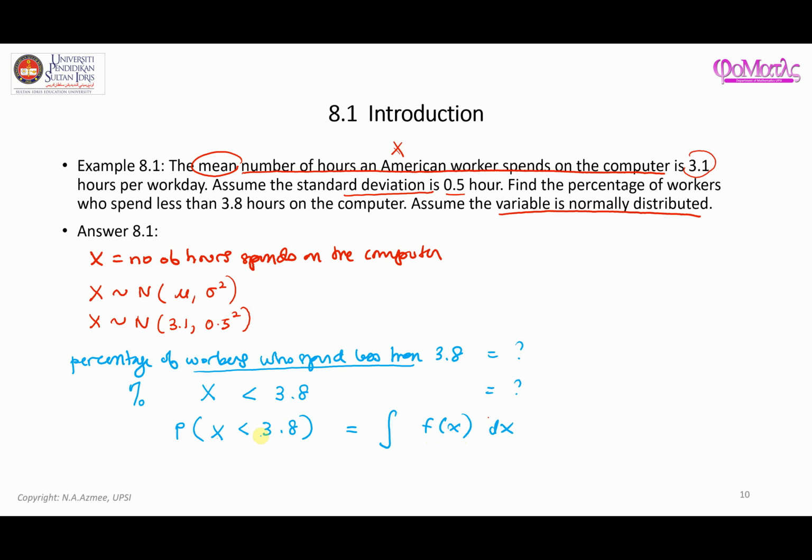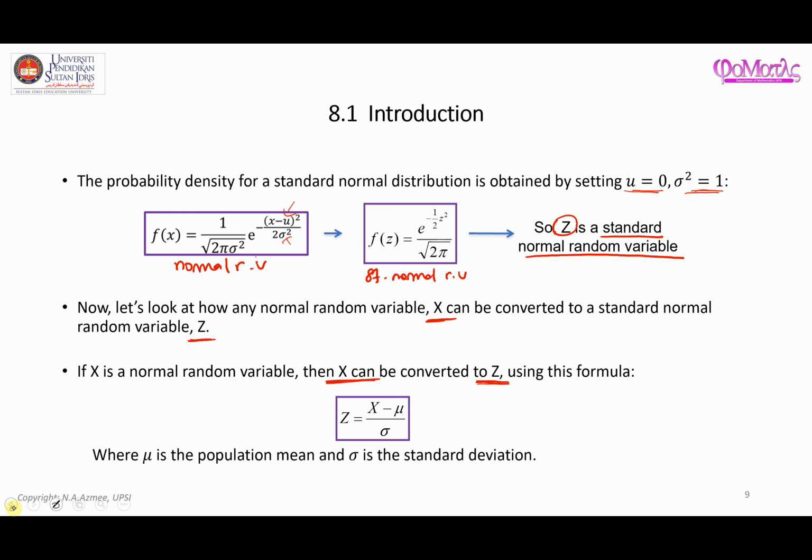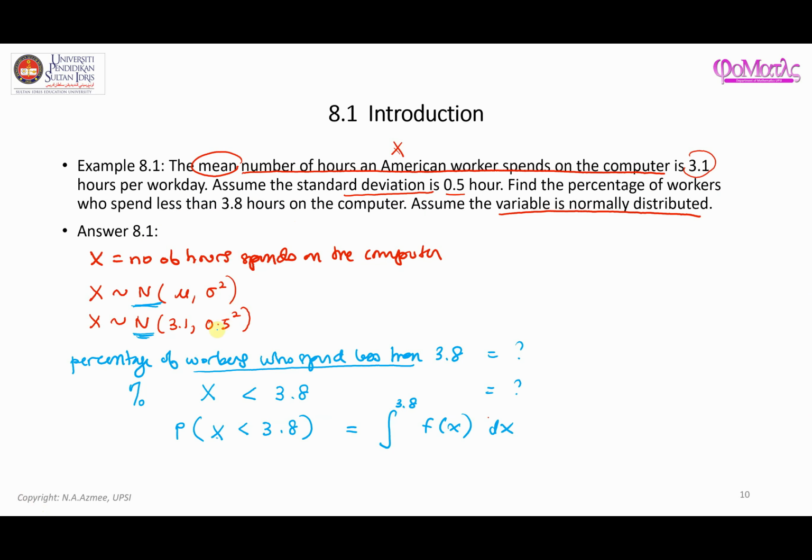3.8 is the upper limit, and the lower limit is some value, and here x is a normal random variable. Therefore, by the actual process, you should be integrating this complicated looking function where you replace mu with the value of 3.1 and sigma is 0.5.